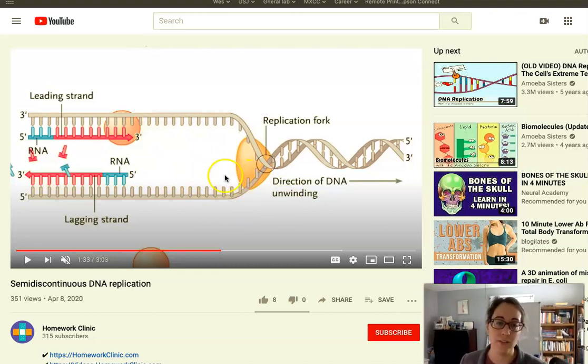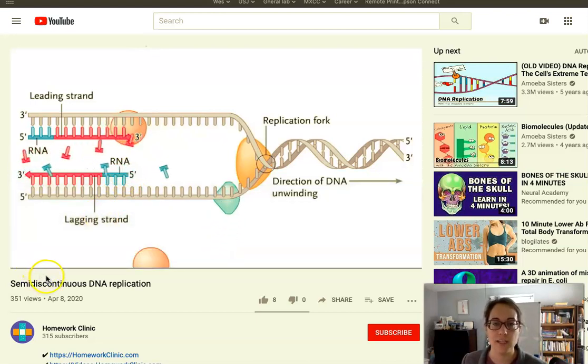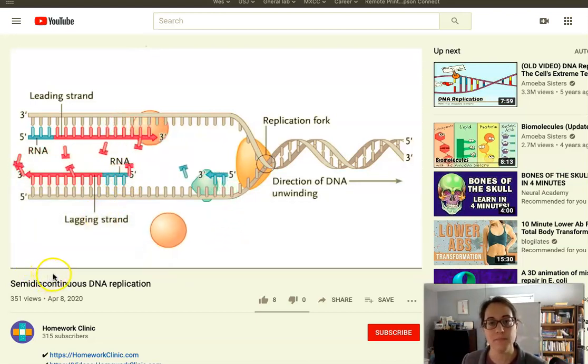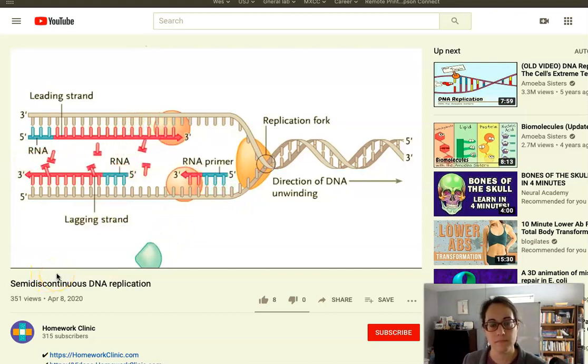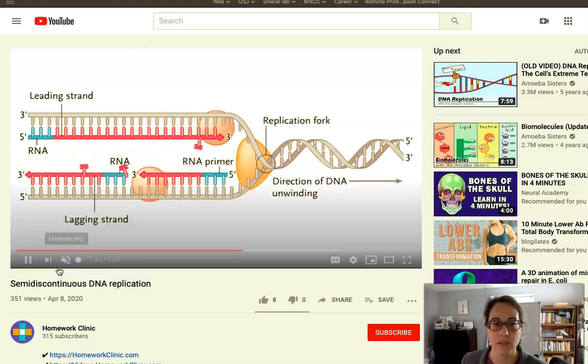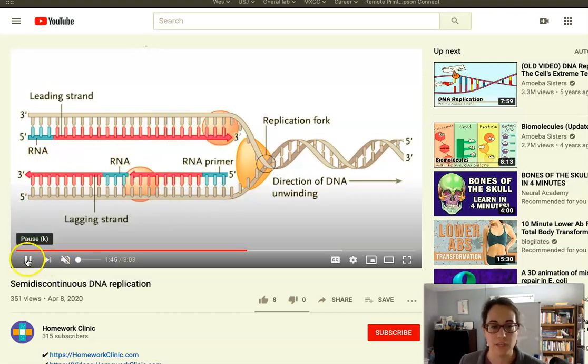But then the lagging strand is going to have DNA polymerase come in closer to the replication fork and then move away from the replication fork so that it is moving in the 5' to 3' direction. And we see that here. Okay, and so it's adding on nucleotides.